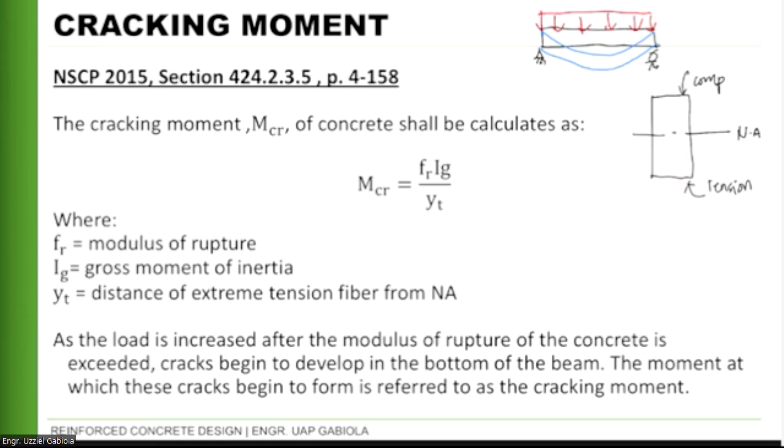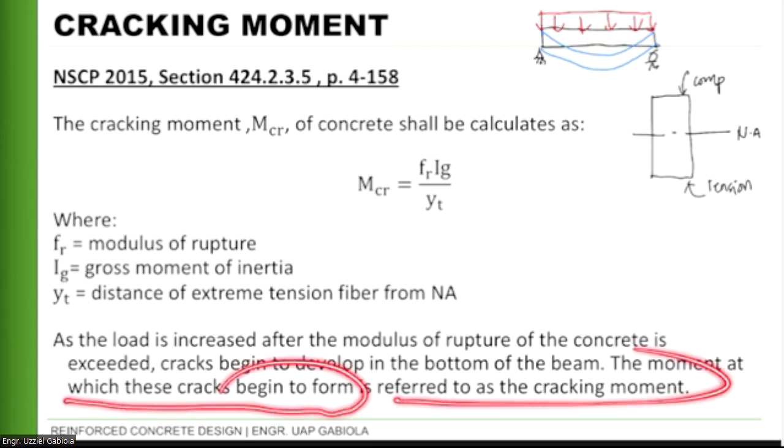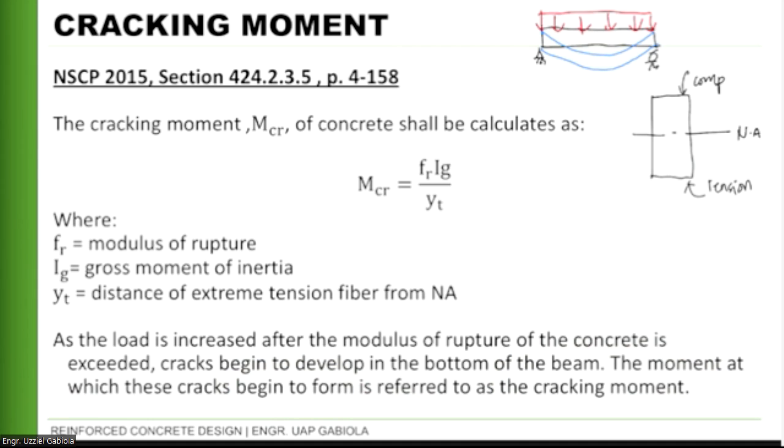So the moment at which this cracking begins to form is referred to as the cracking moment. We are trying to identify the value that will tend to crack our beam on the tension side. So that is what cracking moment means.